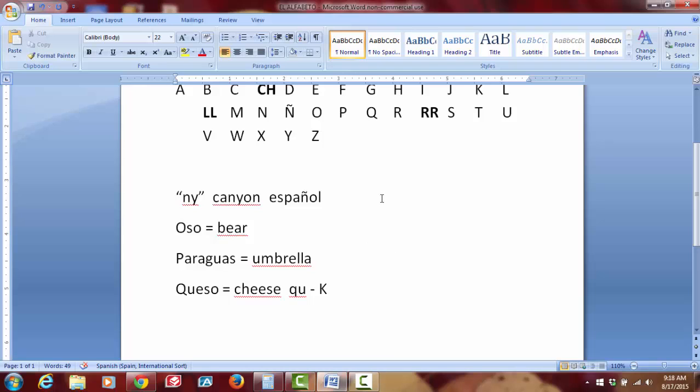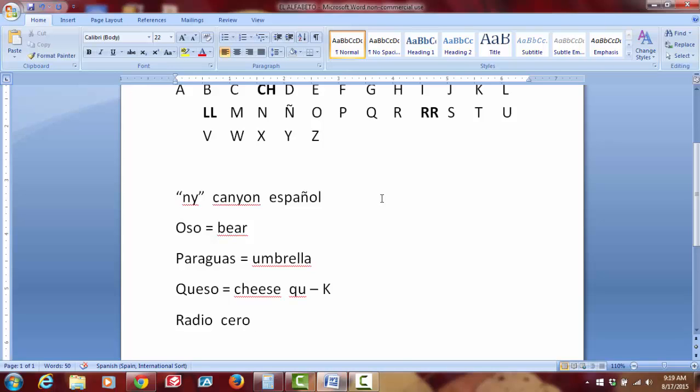Okay, R. All right, here's the thing with the R. At the beginning of a word, it gets trilled or rolled, like in the word radio. That's a cognate, radio. We will practice with that sound in class. But when it's in the middle, like this, cero, it's a quick tap of the tongue. Cero.